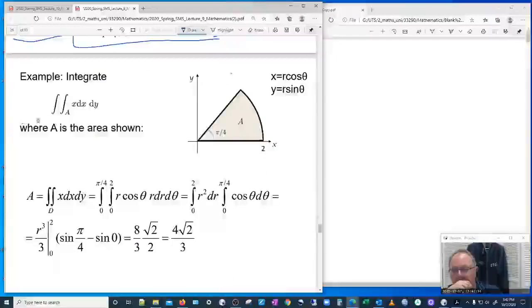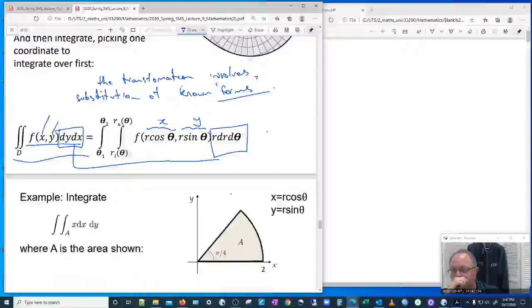Let's think about integrating this particular segment, this shape A. We're given a Cartesian coordinate function x, dx, dy, so we've got to go through and substitute for both of those.